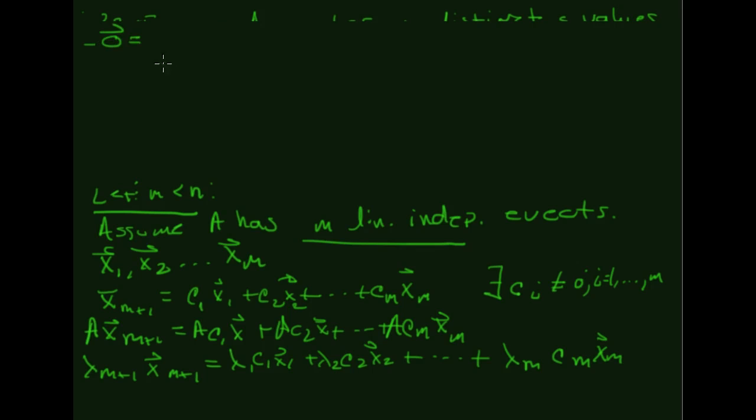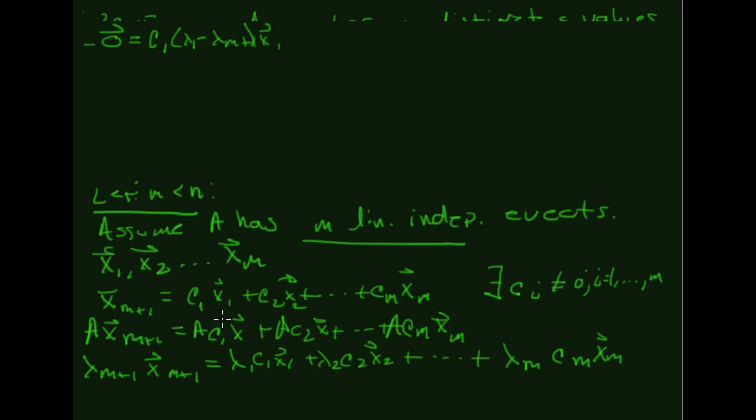So the 0 vector is now c1 times lambda 1 minus lambda m plus 1 times x1. Oh, I'm missing a step here. Hold on.